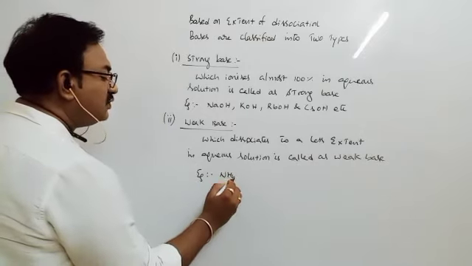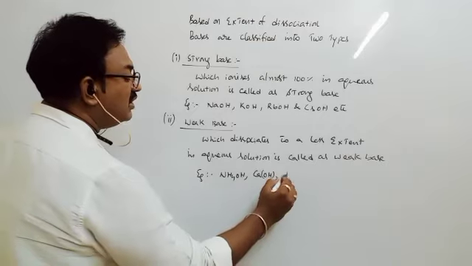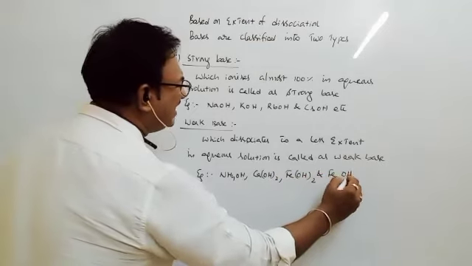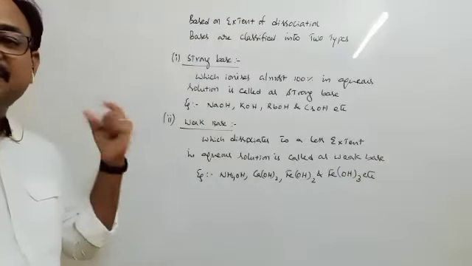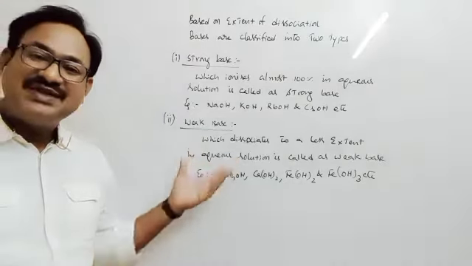Example: NH4OH, ammonium hydroxide, Ca(OH)2, calcium hydroxide, Fe(OH)2, and Fe(OH)3, etc. So, based on extent of dissociation, we can separate strong bases and weak bases like this.